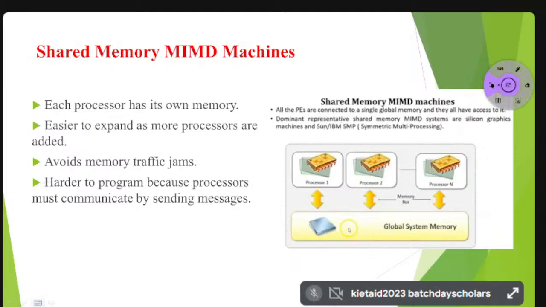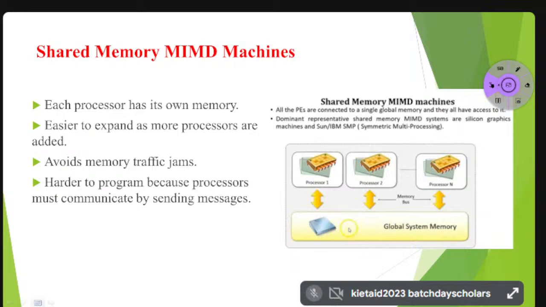It is easier to expand as more processors are added. Whenever the number of processors is increased, the global shared memory can serve not only a limited number but n number of processors, and can accommodate the data of different kinds of processors.